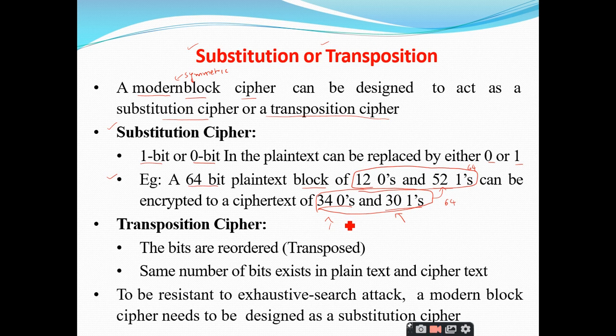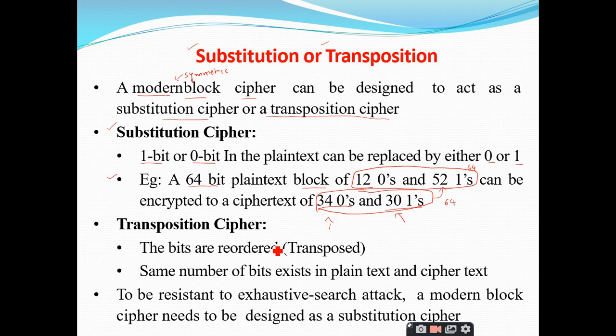So even though the attacker attacks the ciphertext obtained by the substitution cipher, he will not get the actual text that is present inside the plain text. It is very difficult, right? Is it clear?